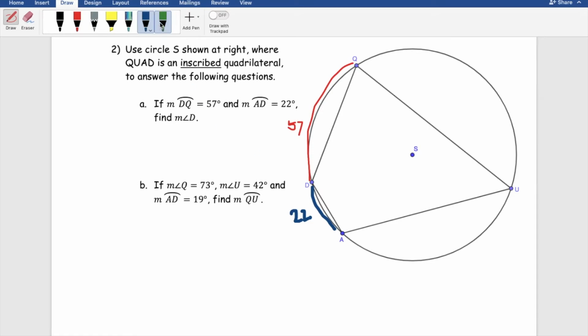We are asked to find the measure of angle D. So this whole angle right here that has point D at its vertex, that's not being helped by these arcs that are behind it, though. We care about the arcs that would be across from it. So we could try to figure out what that means about these 2 arcs over here. Or we just came up with a rule.